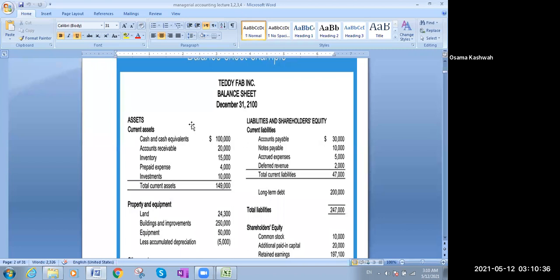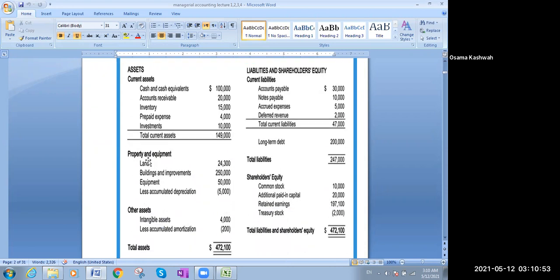Watch out that this is what you own, but this is what you have to pay to others, which is liabilities. Once we start with the current assets here, on the other side there will be the current liabilities. And when we talk about the fixed assets, there will also be the fixed liabilities on the other side. So we talked about the current assets and their sum is 149. Let's go to the fixed assets.